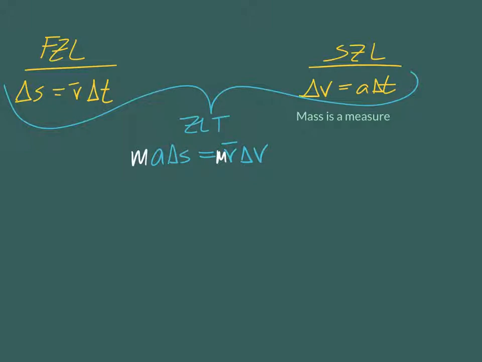Mass is a measure of an object's inertia, which is the property of an object to resist a change in motion.